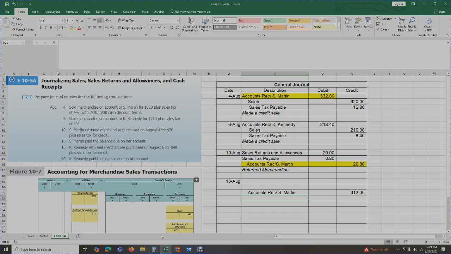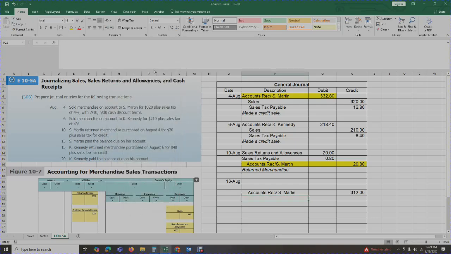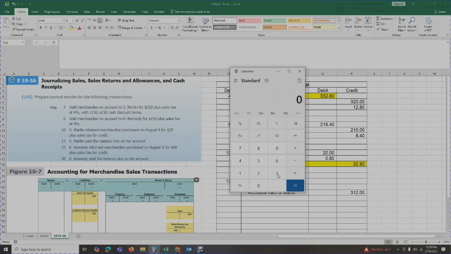So we're going to take the $312 times a 2% discount. Accounts receivable is $312. We get $312 times 2%, and we get a discount of $6.24.